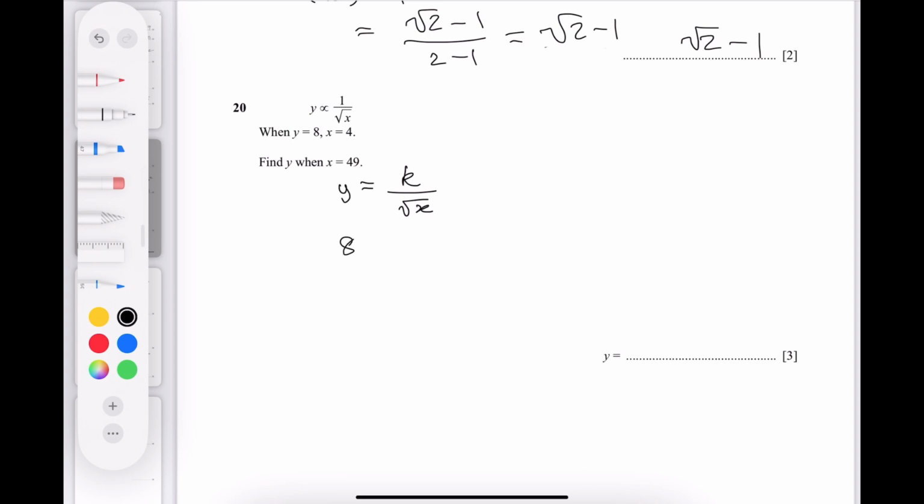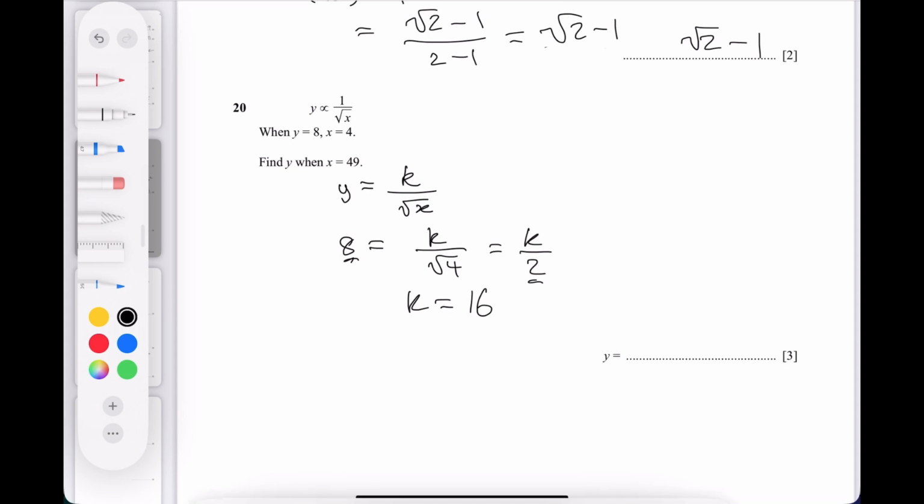So when y is equal to 8, x is equal to 4. Remember, the square root of 4 is just 2, so k over 2. Therefore, k is equal to 16, since you do 8 multiplied by 2. Find y when x is 49.